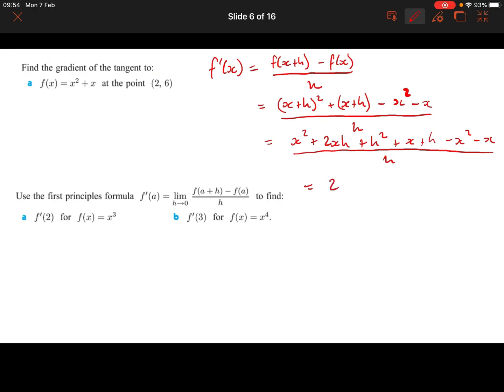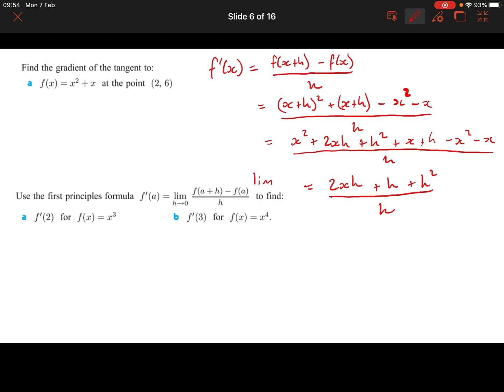So we're going to get 2xh plus h plus h squared, all divided by h. Now what we need to do is take the limit of this.